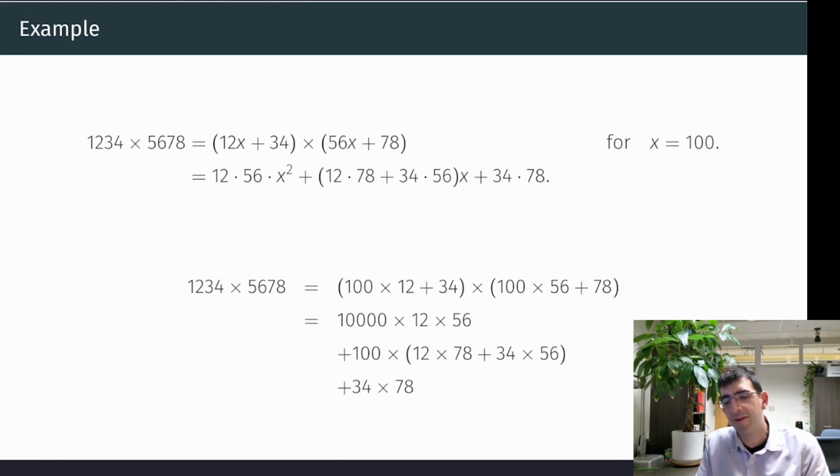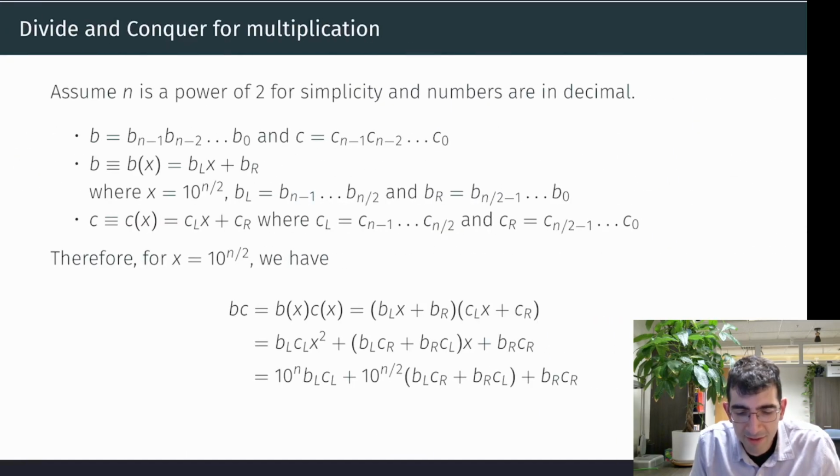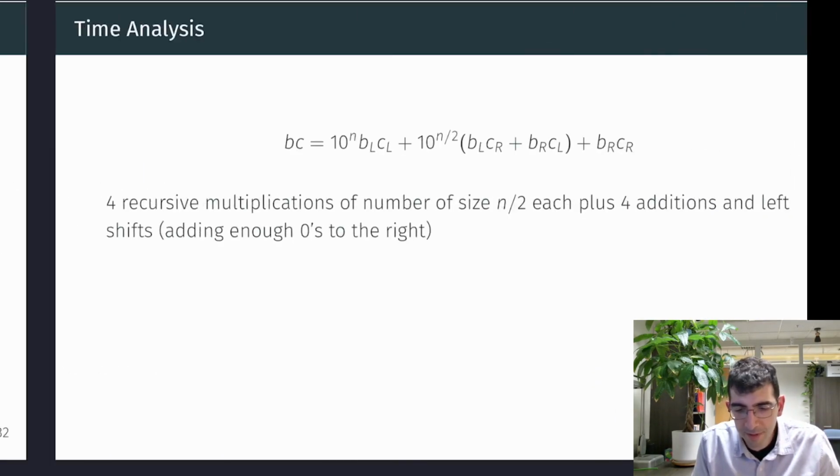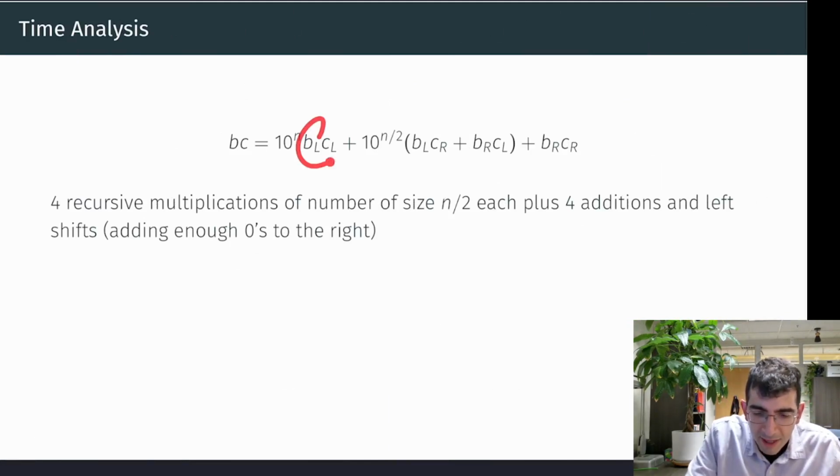Now, the question is, how fast is this? How fast is multiplying two numbers together by breaking them up into a left half and a right half? Well, here's the thing. We have 4 recursive multiplications.